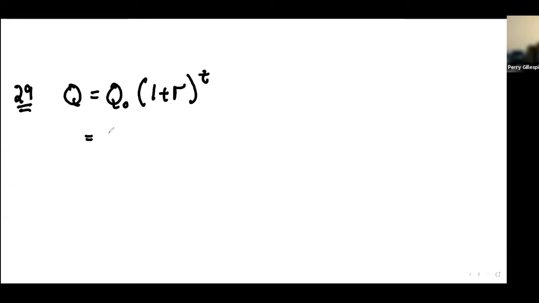Where did we start out? We started out with 1 million trees within this forest, but it is decreasing at a rate of 7%. So instead of saying 1 plus r, which is the rate, we will say 1 minus our rate, which is 0.07, raised to the t power.